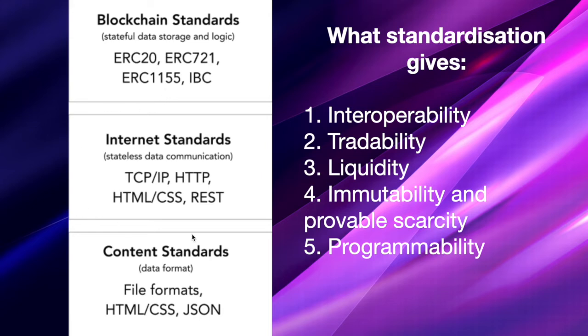So as for the internet standards in general, we have many protocols: TCP/IP, HTTP, HTTPS. And as for the content display, we have many file formats, web formats like HTML, CSS to display the web page, if you know about that.